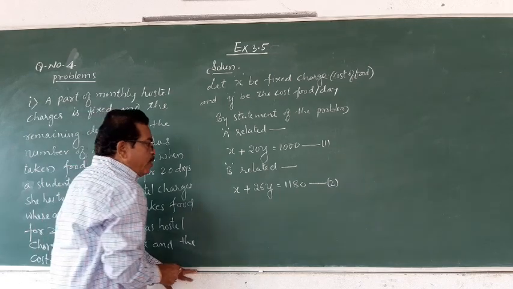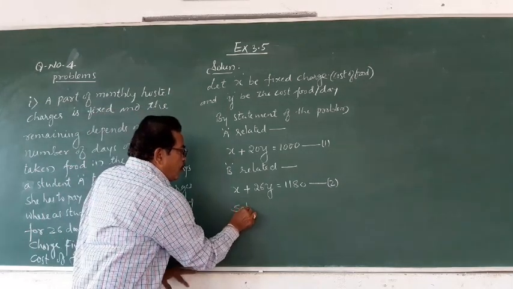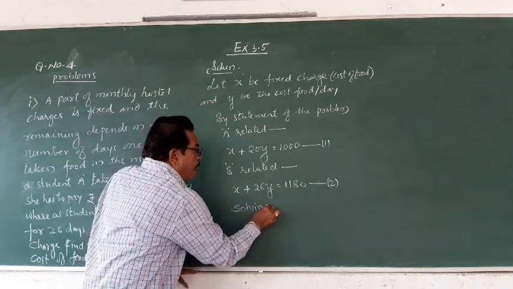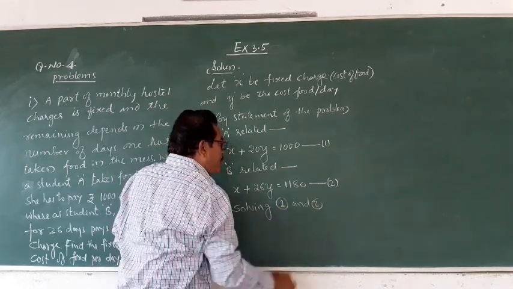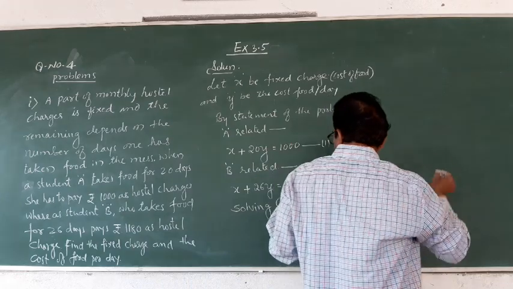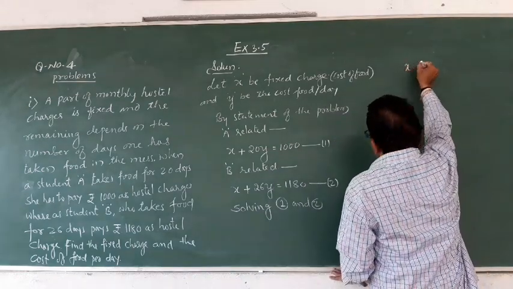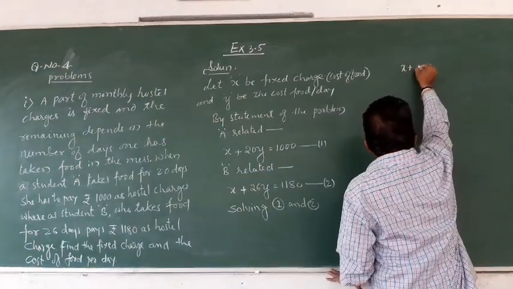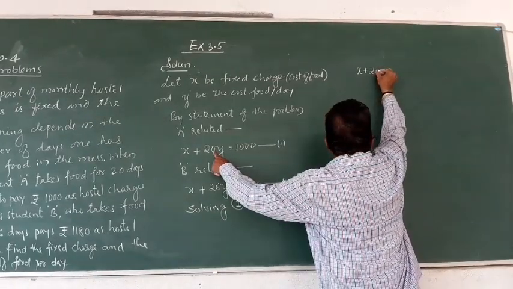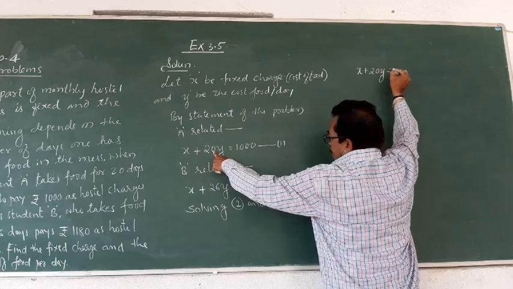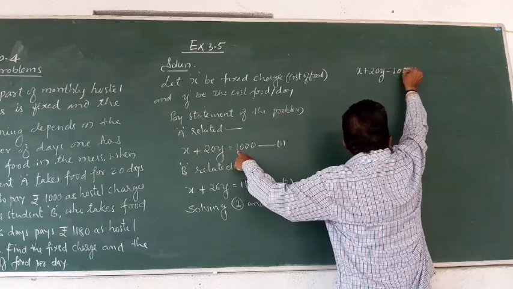Now, solving 1 and 2. X plus 20Y equals 1000.